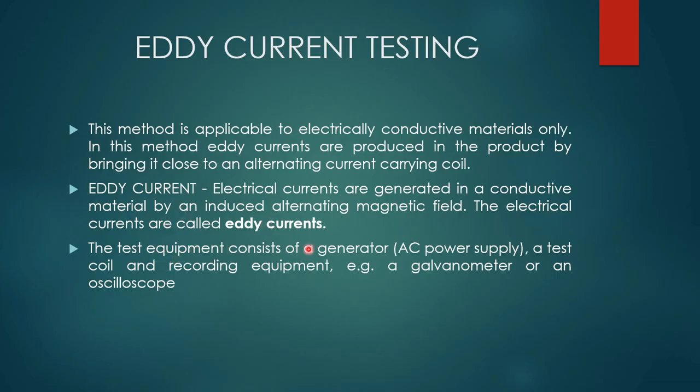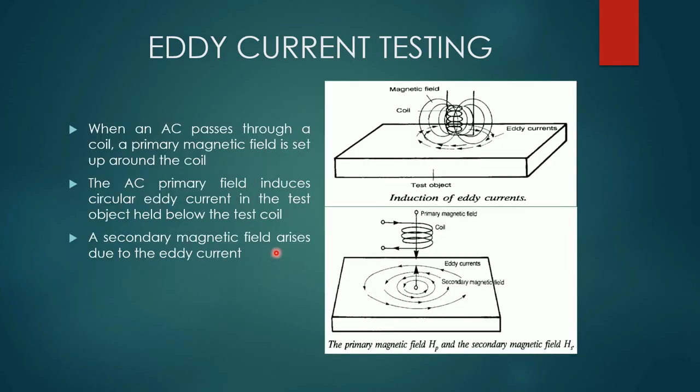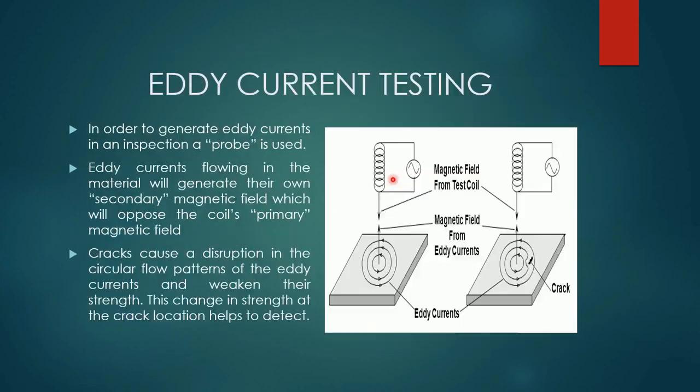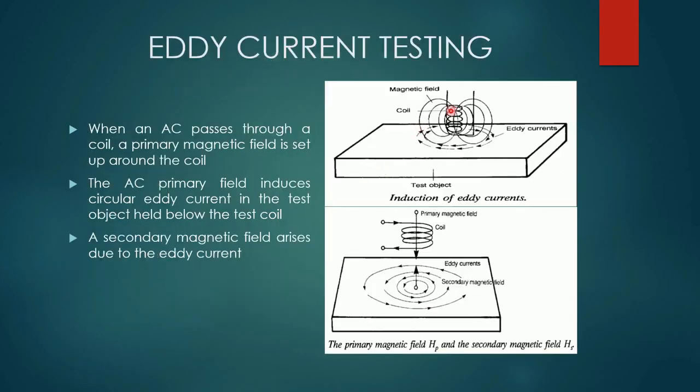In this test, a generator, a coil and recording equipment, that means a galvanometer or an oscilloscope, are used. So you can see over here, one coil is there. When an alternating current passes through a coil, a primary magnetic field will be generated around that particular coil.